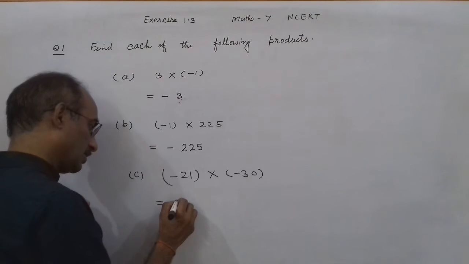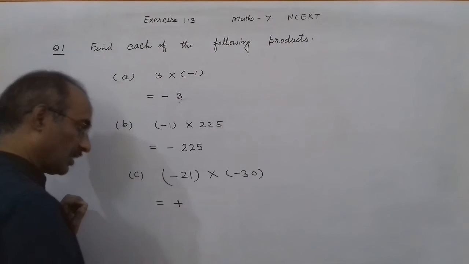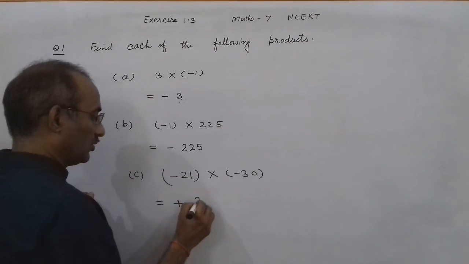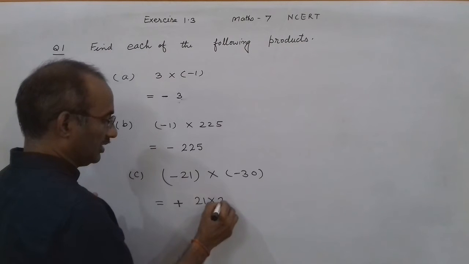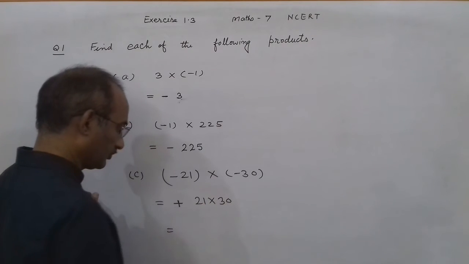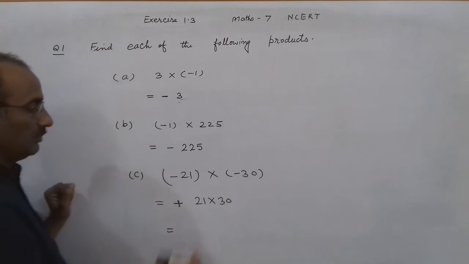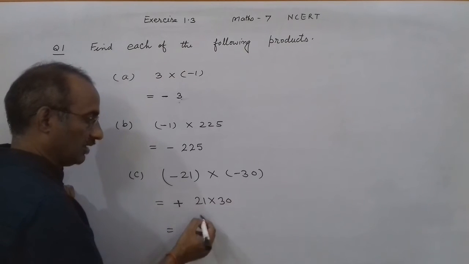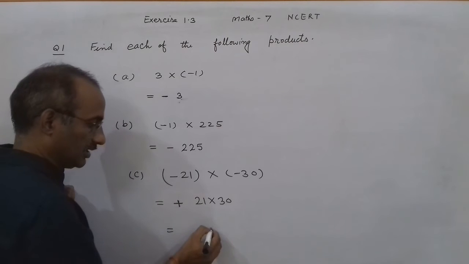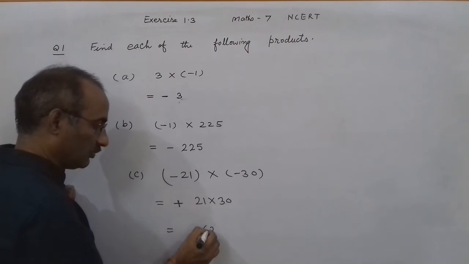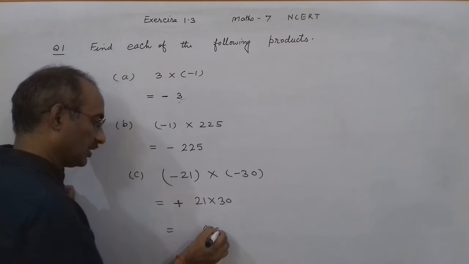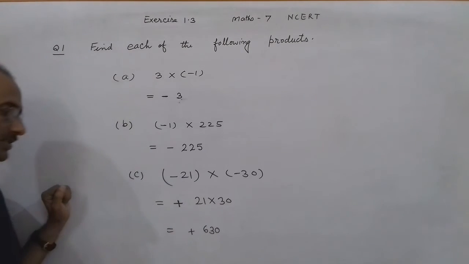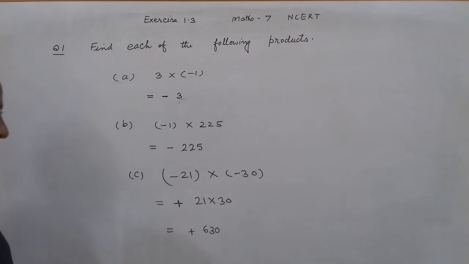So here we put a positive sign. And then we multiply 21 with 30. If we multiply 21 with 3 and put a 0, then we get our product. 3 ones are 3 and 3 twos are 6 and put a 0 here. So our answer is plus 630.